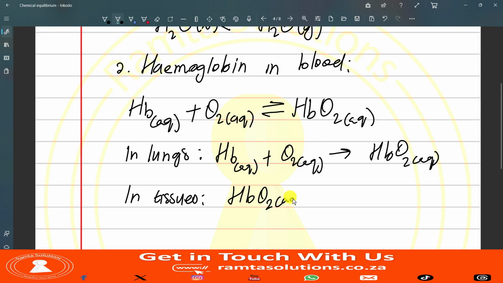What's occurring is the reverse reaction. In fact, I should have said gaseous species. So these are the examples of reversible reactions that we have. As you can see, these are in equilibrium, and this is all you need regarding chemical equilibria.